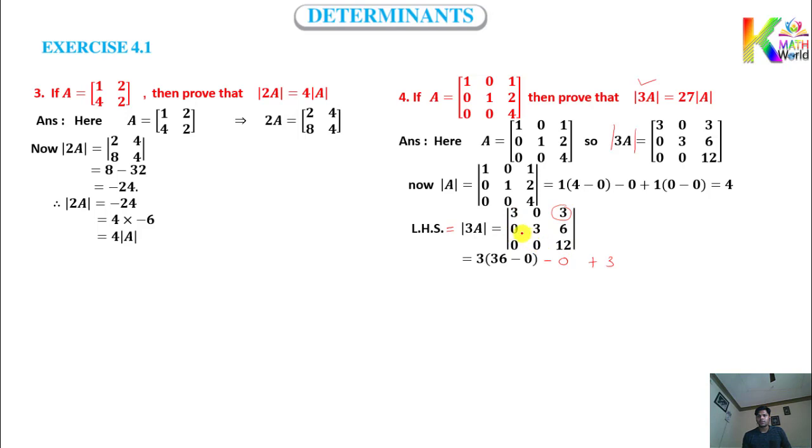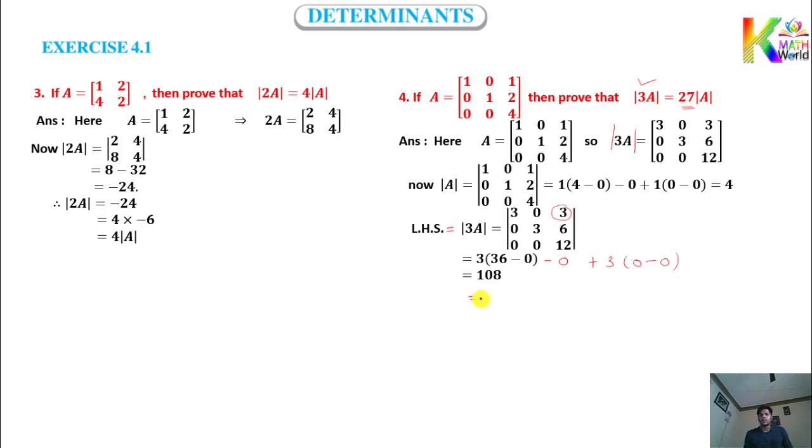What is the product of the principal diagonal? 0 into 0 becomes 0. Then the product of these two: 0 into minus 8 will again become 0. So 36 into 3 becomes 108, and this whole thing becomes 0. So the answer you get is 108. Here your answer is required in 27 format.